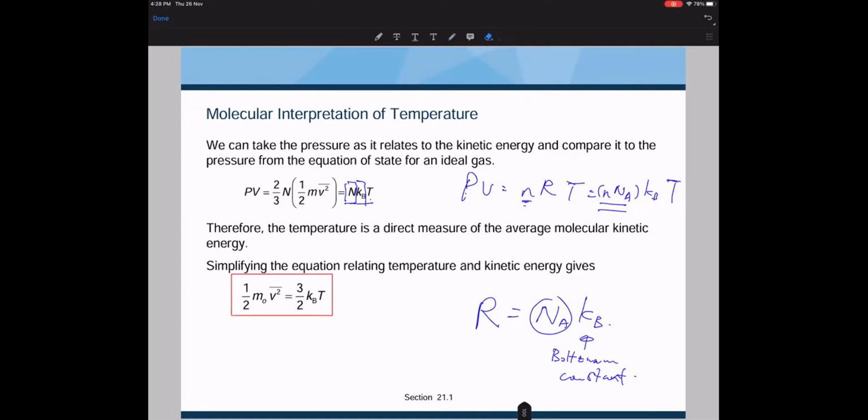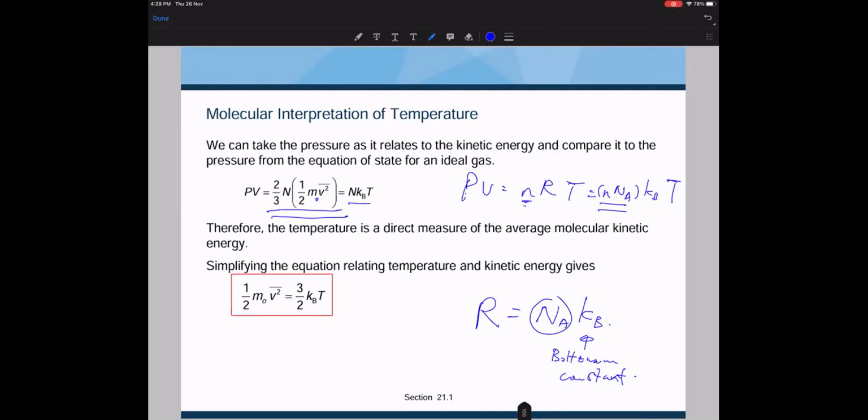Now, what is PV? According to the previous slide, PV is equal to this quantity, 2/3 times N times 1/2 m v naught squared. We should be missing the naught here.